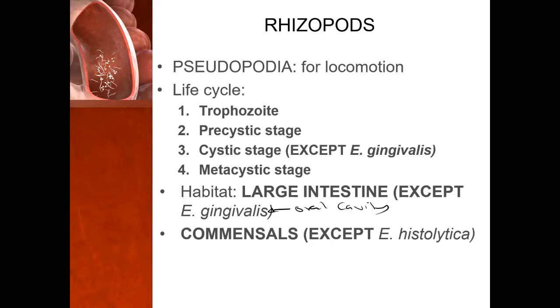By commensals, what do you mean? What's the definition of commensals? Commensals are parasites wherein they gain benefit from their host. However, they neither cause any harm nor any damage to that particular host.